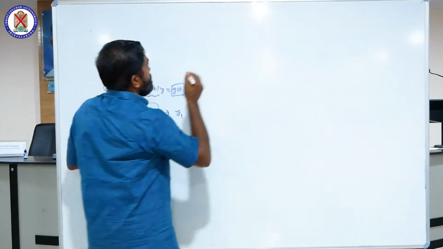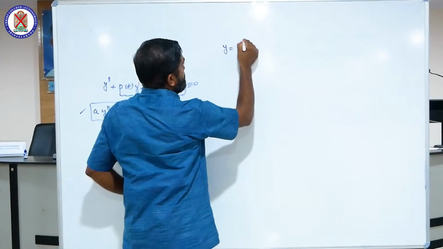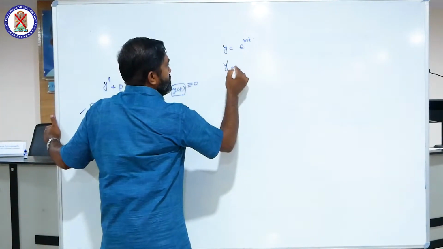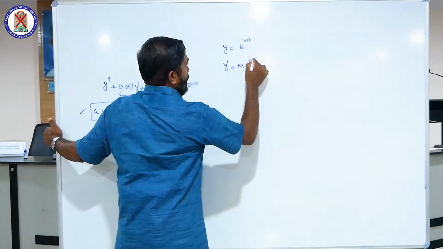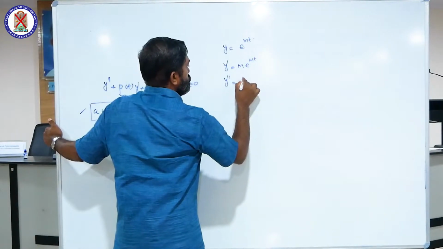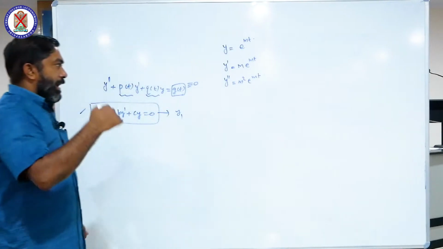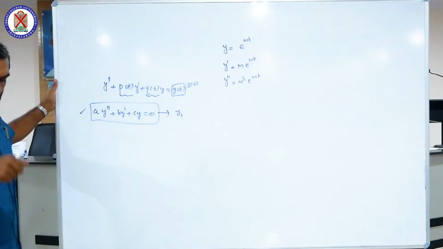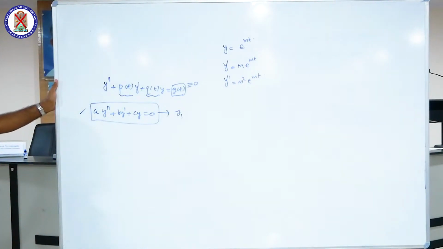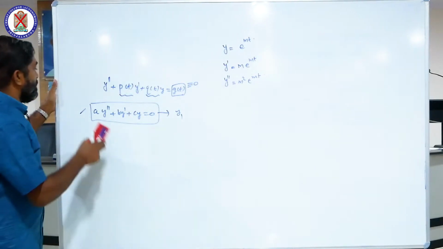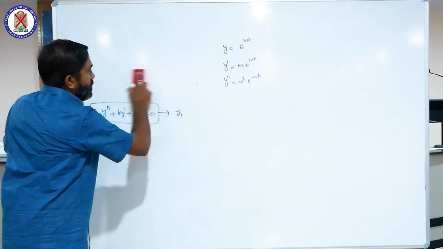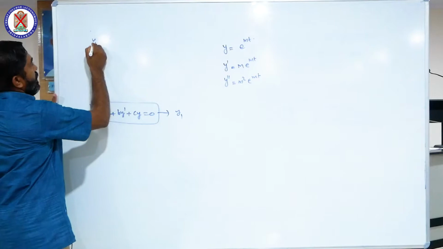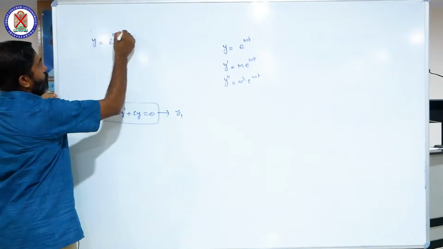If I consider an exponential function y equal to e raised to mt, we have its derivative y dash is m into e raised to mt, y double dash is m square into e raised to mt. This means every derivative is just a constant multiple of the function itself. So for the discussion of the general solution of this differential equation, we assume its solution is y equals e raised to m into t.